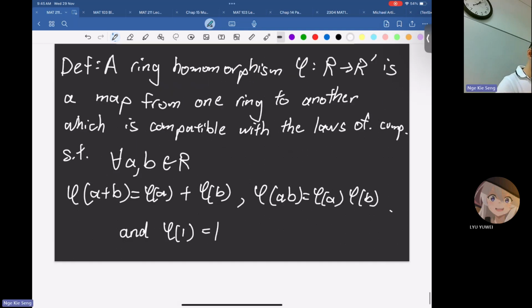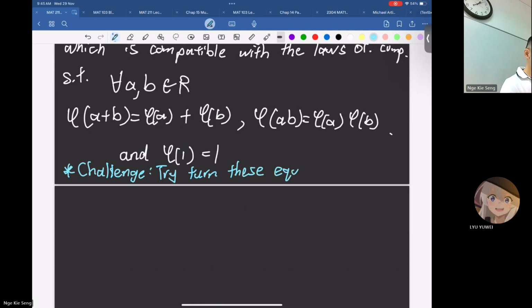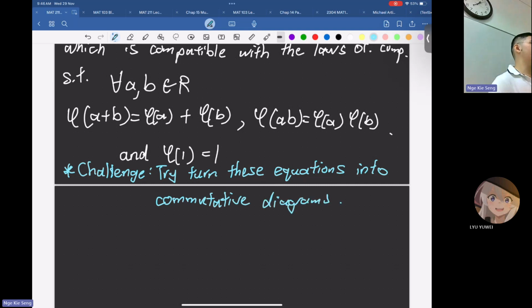So what kind of example of a homomorphism do we have? First, I want to challenge you: try to turn this equation into a commutative diagram. What do I mean by that?